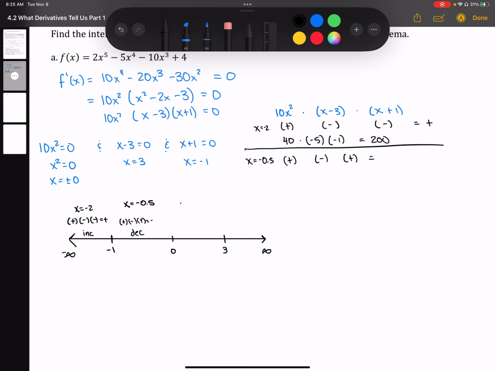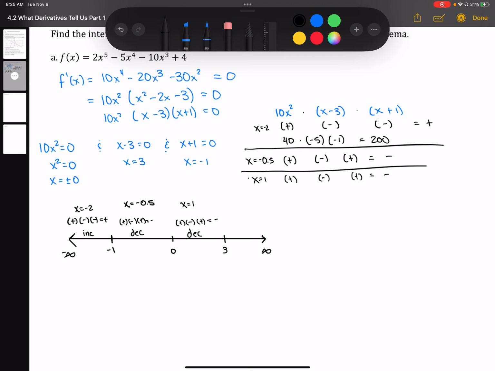If we choose a value like x equals 1 for the interval 0 to 3, then at x equals 1, 10x squared is positive, x minus 3 is negative, and x plus 1 is positive, so we also get a negative. So a positive times a negative times a positive equals a negative, so also decreasing on that interval.